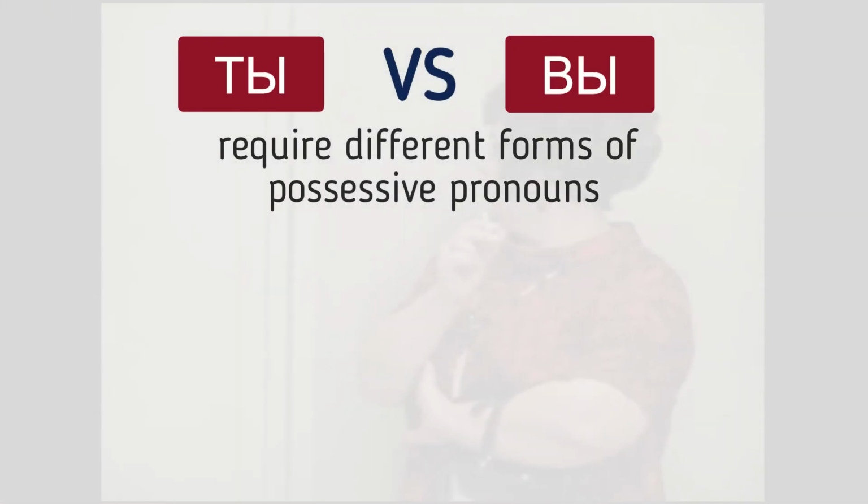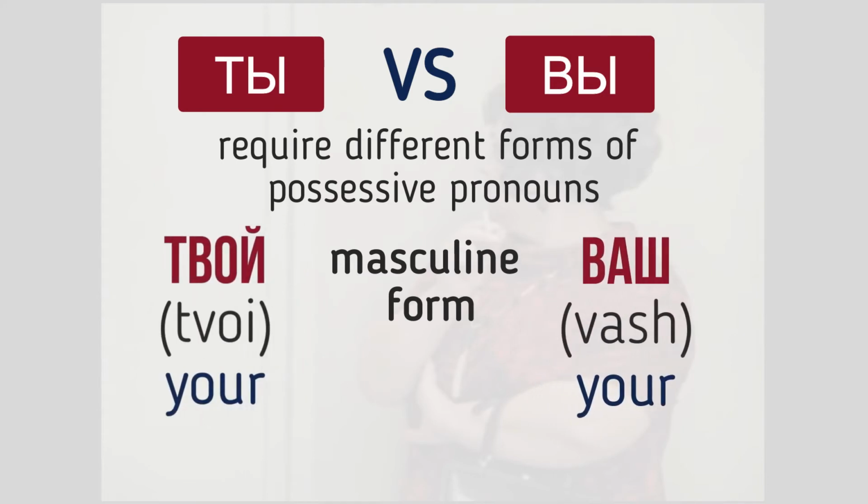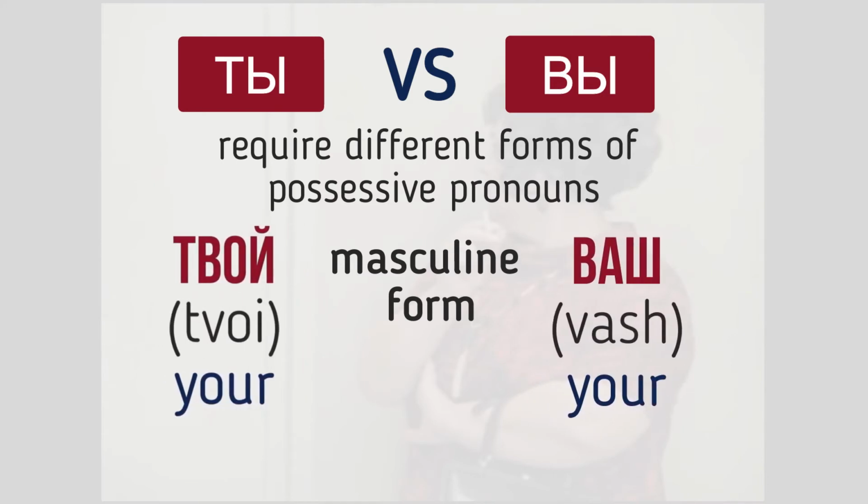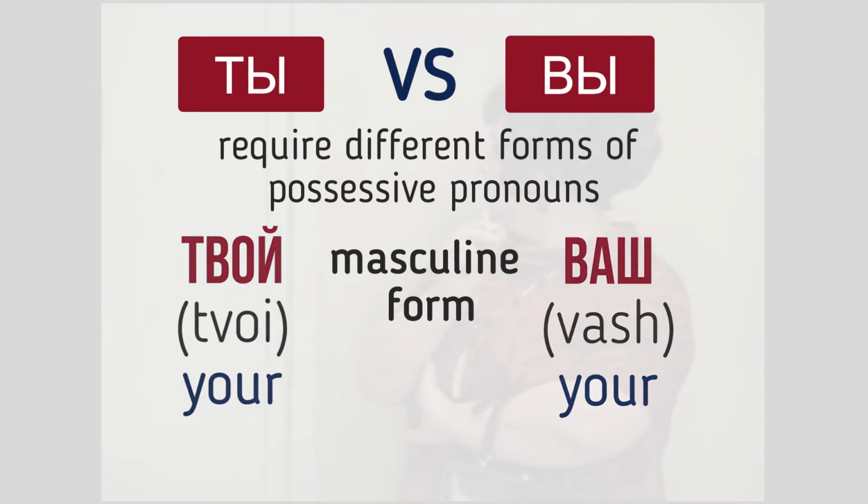It's also important to take into account that these two pronouns, ты and вы, also require different forms of possessive pronouns. So, while in a masculine form a possessive pronoun from ты is твой, a possessive pronoun from вы will be ваш.